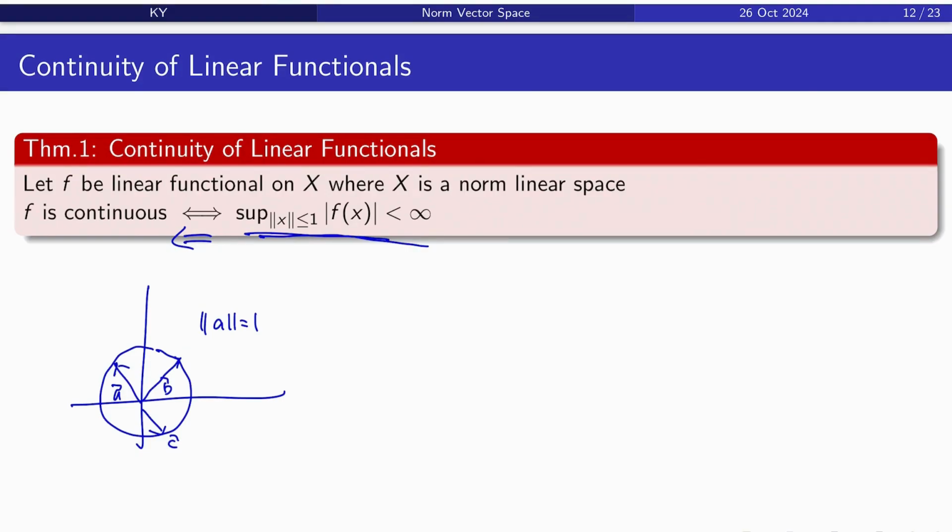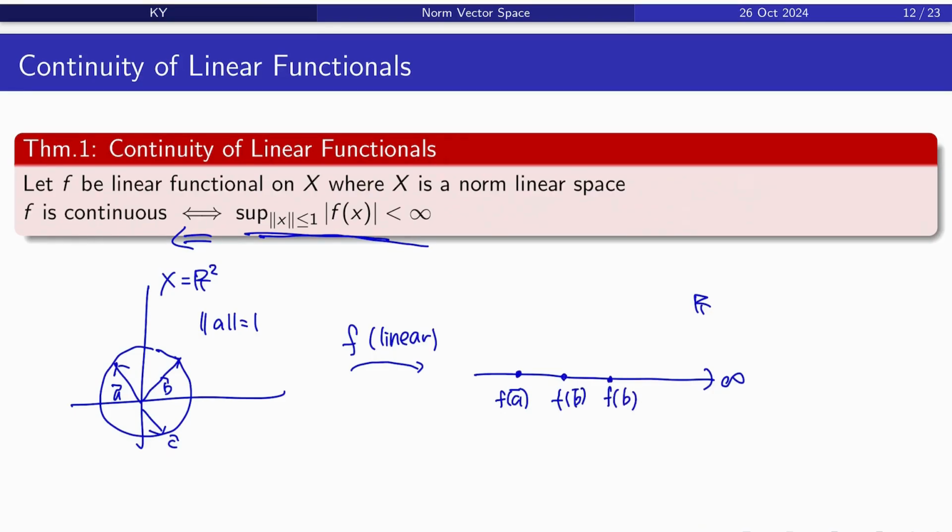If you take a set of vectors and map these vectors using a function, and you assume that the function is linear, and you want to map it into the real line, and let's say your normed linear space is R2, for example, then what it's trying to say is that we map f of A, f of B and f of C. You map each one of your vectors to the real line, and let's say that each one of the outputs is close to each other and growing at a quite constant rate right here.